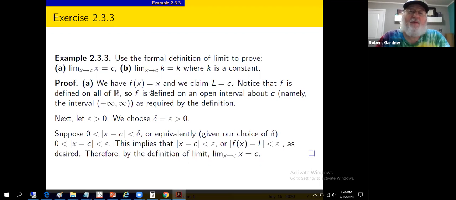X is the f of x function, c is the alleged limit, and we've shown that if this occurs, this implies the absolute value of f of x minus L is less than epsilon. That's what you have to show for the limit to exist and equal the L value claimed. And the L value claimed was c. So that happened awfully fast. That's kind of why I prefer to do that other one first.